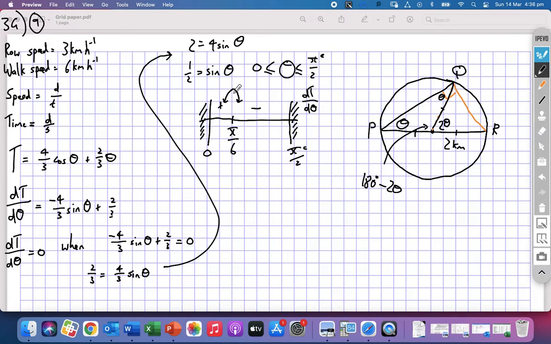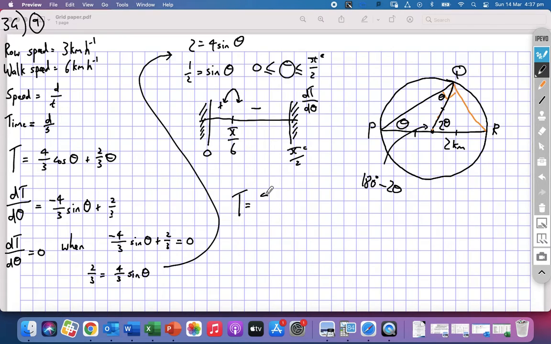You actually maximize time at pi on 6, which is kind of interesting. It was a bit unexpected for me, right? But it became pretty clear when I started working out what the time was.